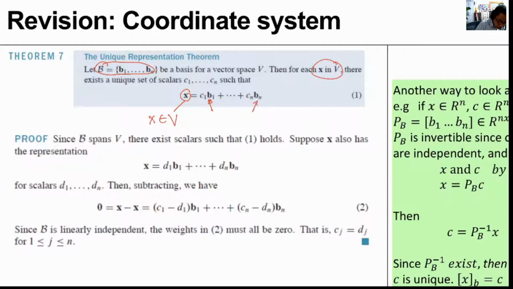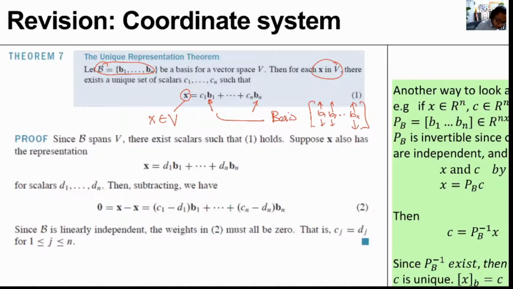b1 to bn as the basis that spans V, and we can put this as b1, b2, and bn. And remember that since this is a basis, they must be an independent set.